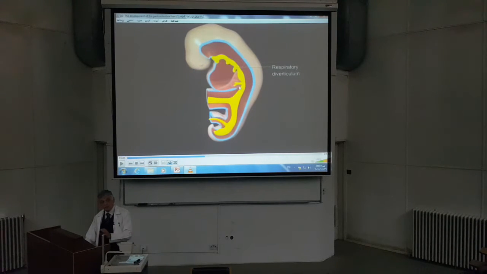Only to the point of end of foregut, which is the entry of duodenal papillae. So the liver is going to bud from the tube into the septum transversum.